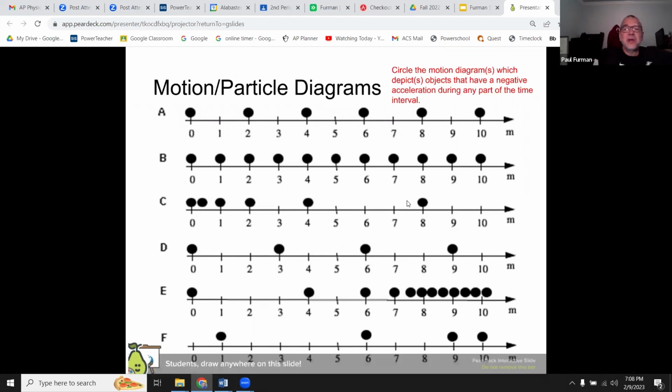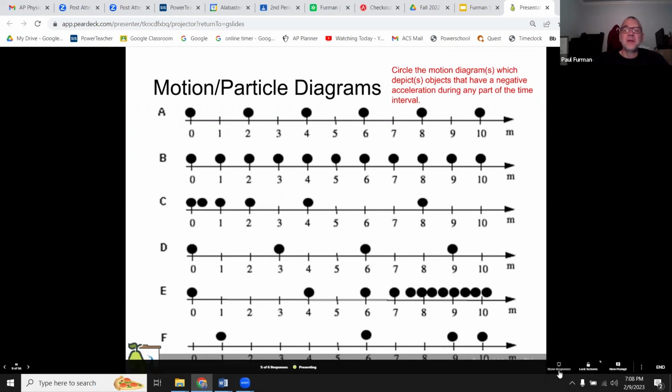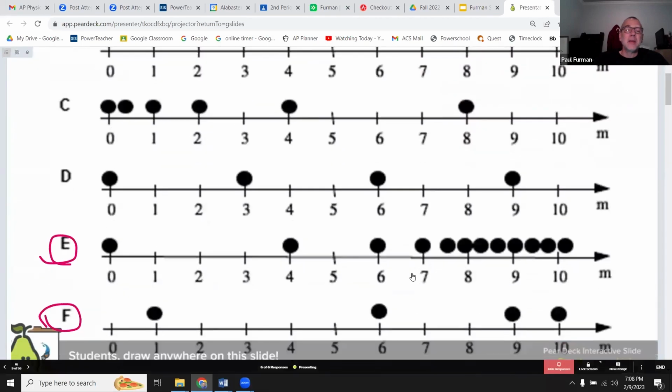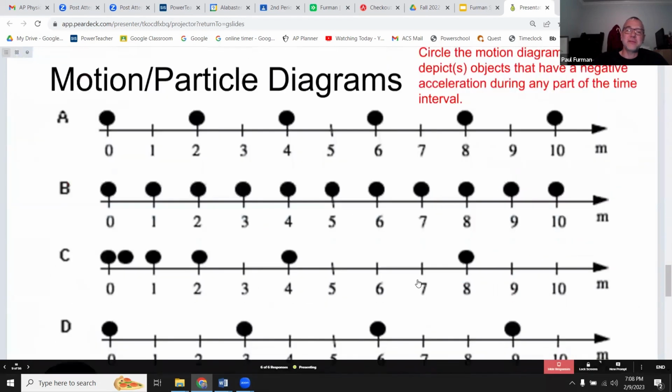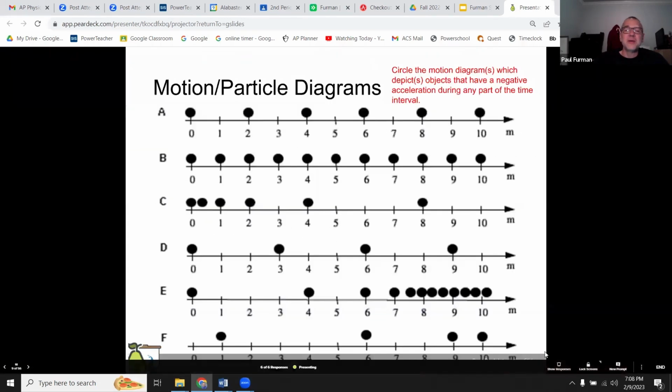The last one here is circle the diagrams that have a negative acceleration during any part of the interval. It looks like most of you are getting the last 2, E and F. That is very good. That is a true statement. Notice that with E and F, every time interval that passes, the object is traveling a little bit less distance than it did the previous time.